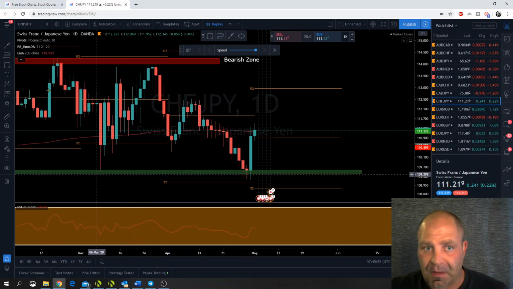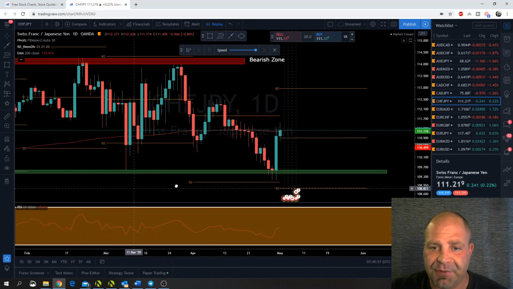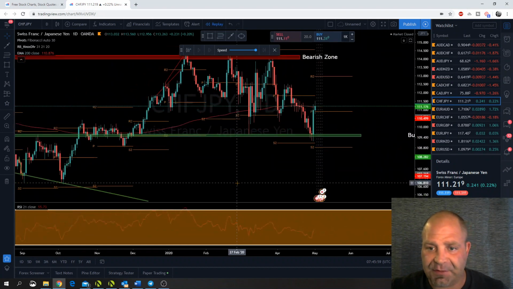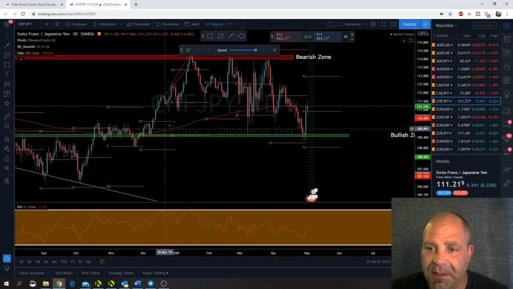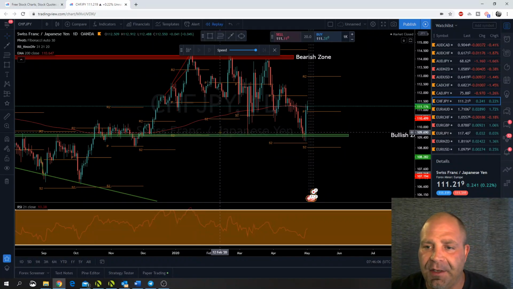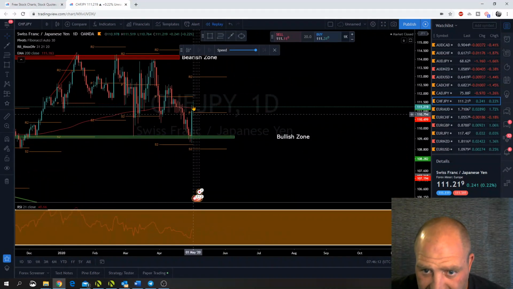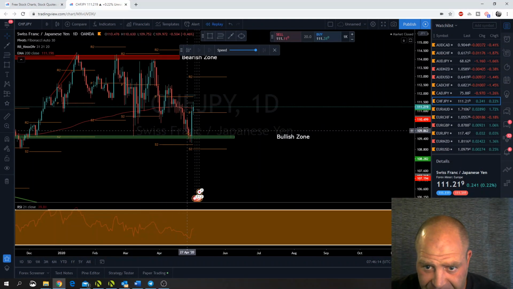So, what do we see here? Swiss franc JPY has been in an uptrend, not a very strong one, but you can see we're above the 200 EMA, and I like this channel that we're in. That's how we were able to call this perfect bounce. Look, we broke through the 200 EMA.